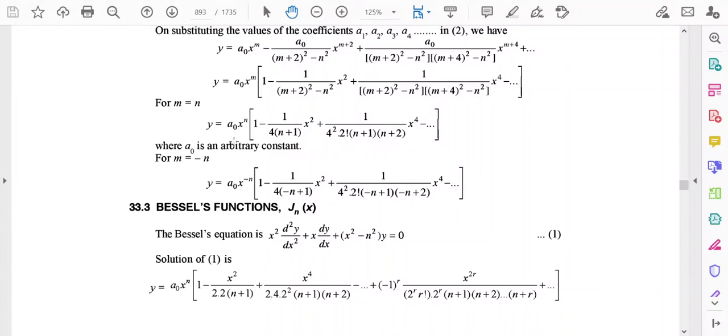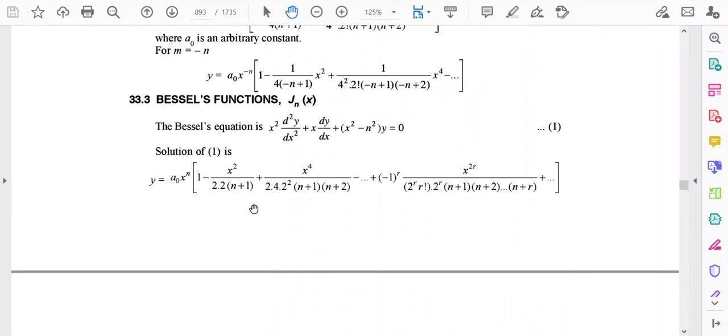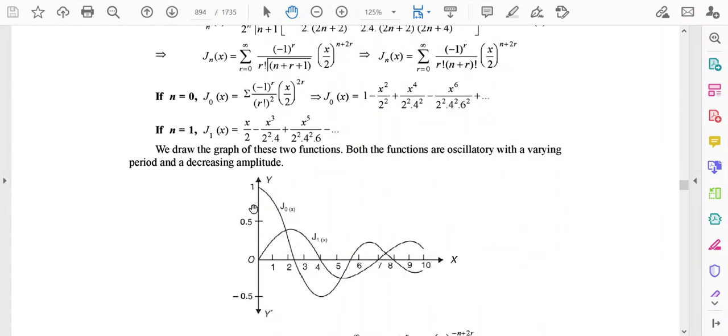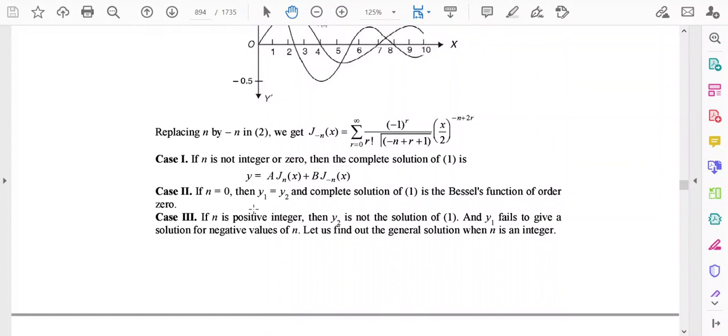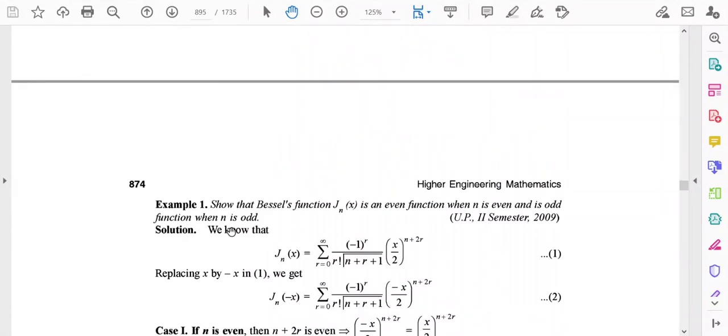So this will not be a solution. So there is some problem when n is an integer. This case will be treated separately. We will show how to deal with such a situation when n is a positive integer. We will find the solution of the Bessel's equation in a slightly different way when n is an integer.